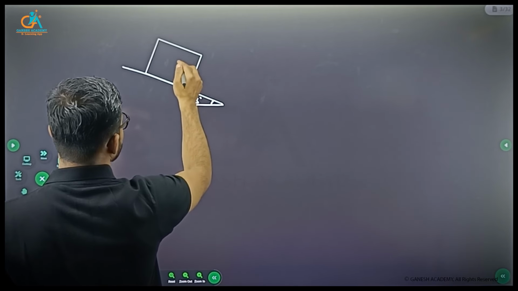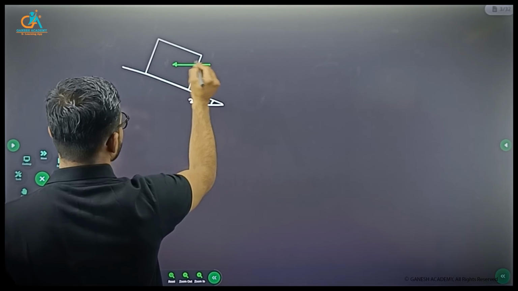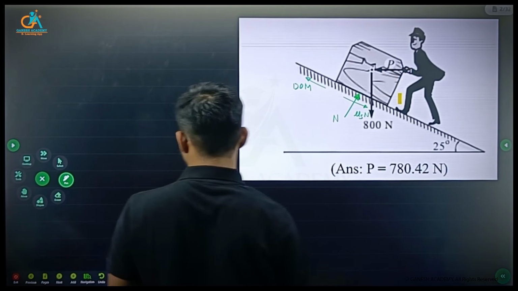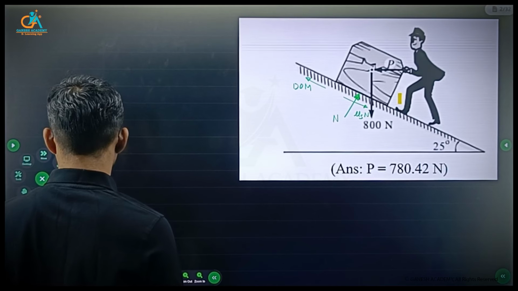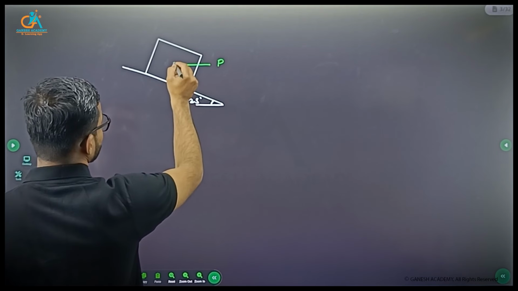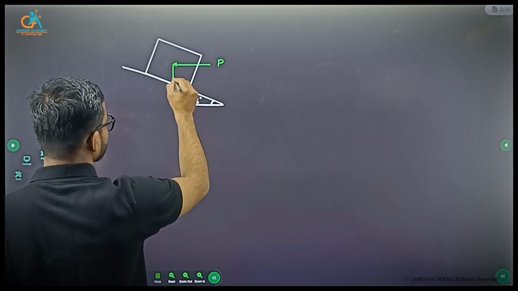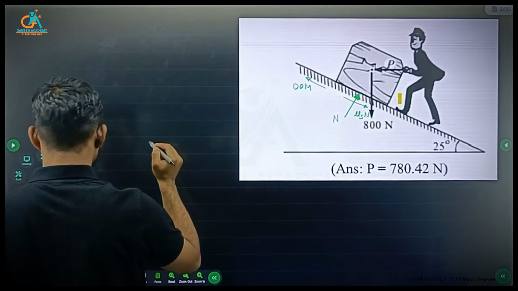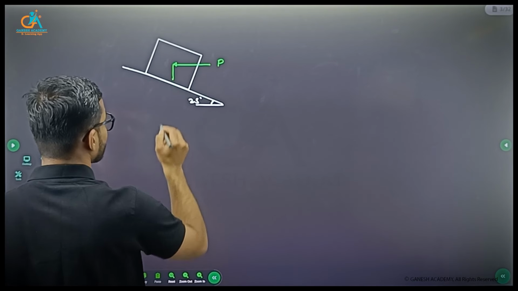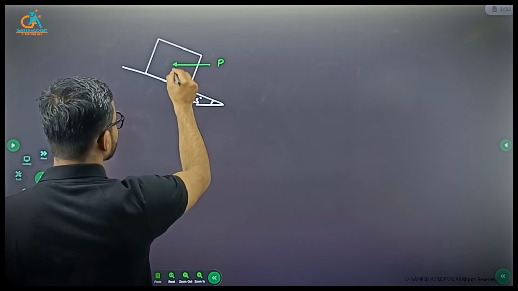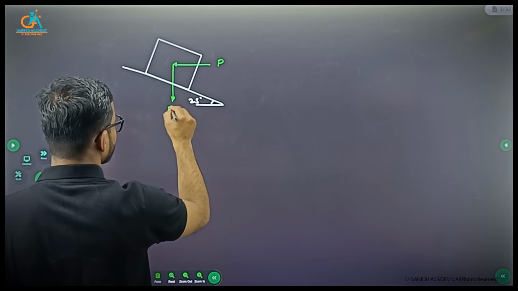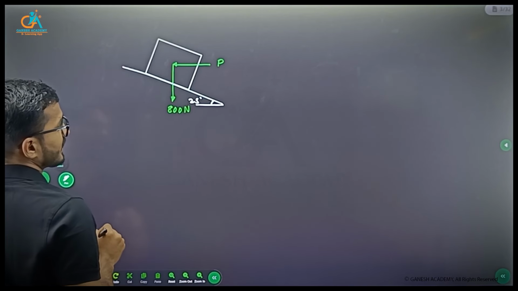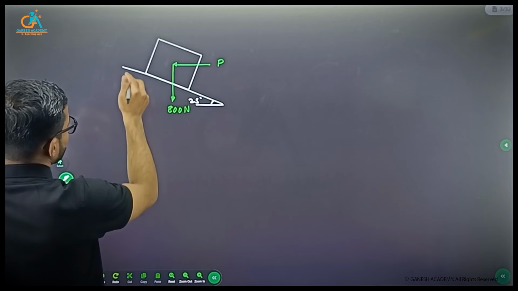One is force P applied horizontally. So as given, it is applied horizontally. Then the weight of the block will be acting in which direction? Particularly downward direction. It is equal to 800 Newton. Okay, so direction of motion is this.